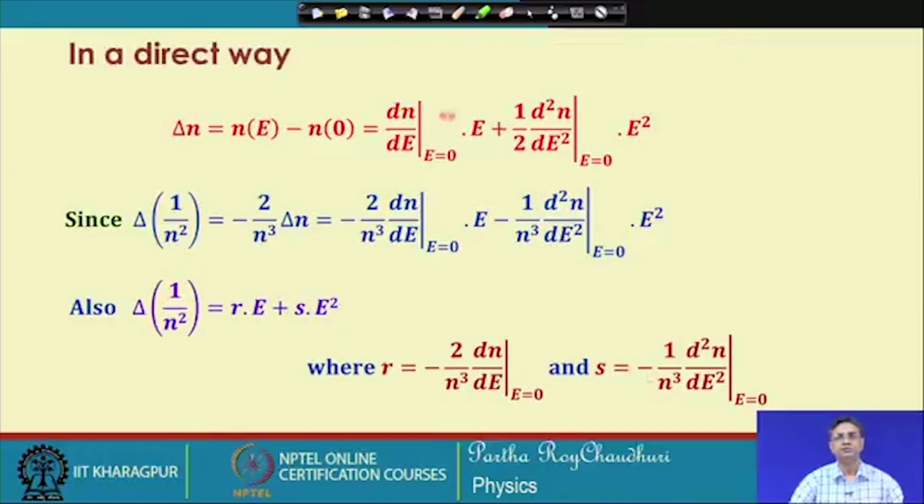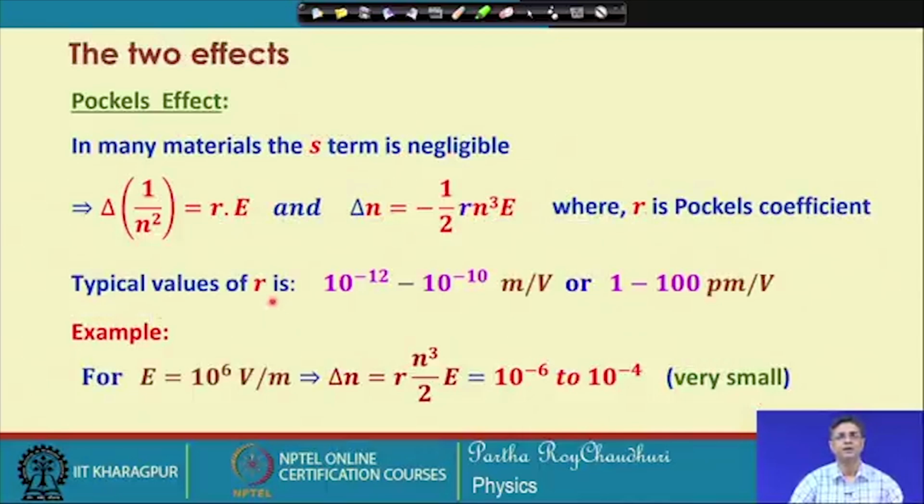You can look at the same equation in a direct way: if I put these equations in this form, then I take 1 by n square, which can be represented in this form, and if I directly substitute these values for r and s, then also we end up with this equation. So, looking at the same expression from two different ways, basically they have the same origin.